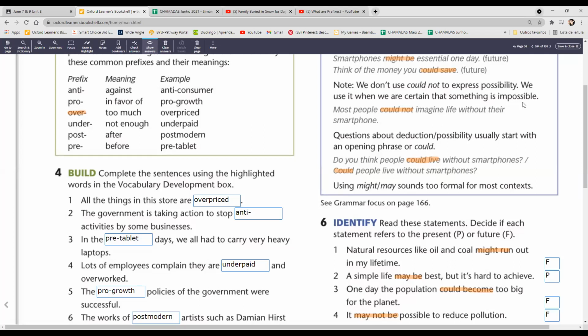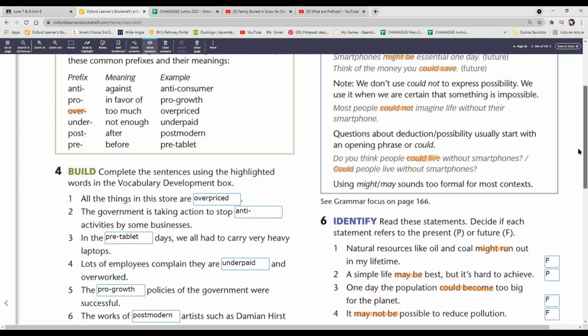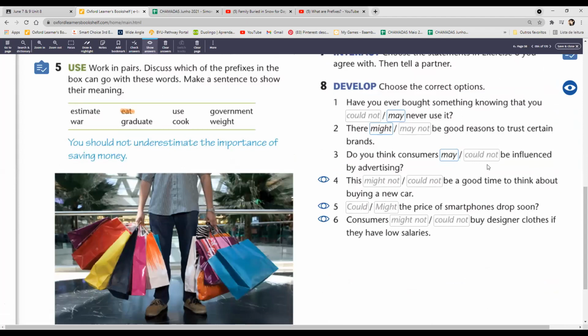So we usually don't use that in a question, because it's usually for statements. Like here, most people could not imagine life without their smartphone. So, the idea of something impossible. Here, that's not the idea.